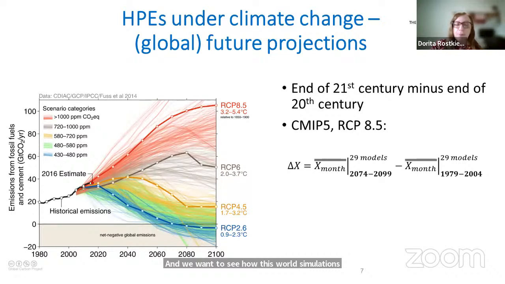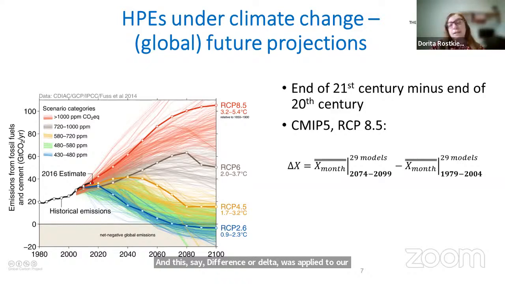What the pseudo-global warming method means is that we take from global models the average of all sorts of variables on a monthly basis, projected for the end of this century, and subtract from it the average of the end of the last century. This difference, or delta, was applied to our initial and boundary conditions.